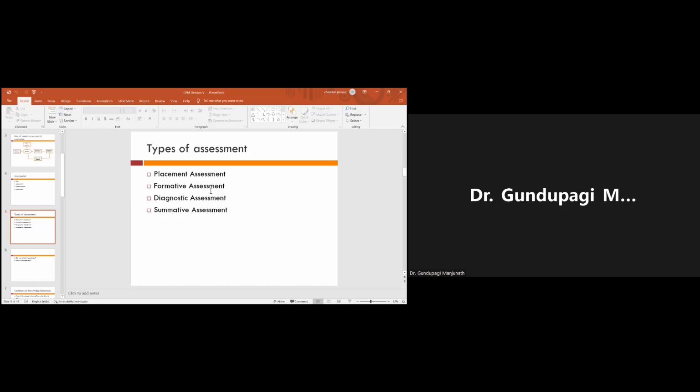And most of the times, if you observe the current trend, teachers are preparing these criteria, these tests, based on the content of the classroom instruction, based on the objective of that concept.